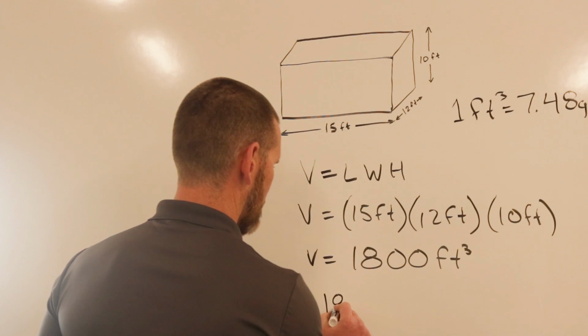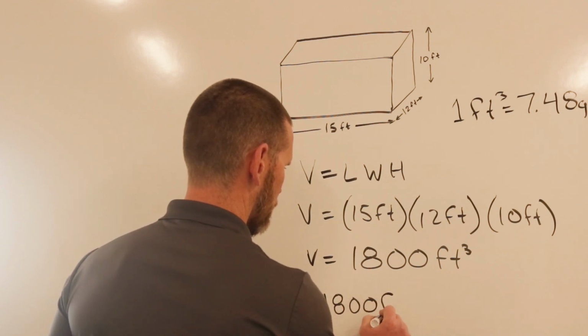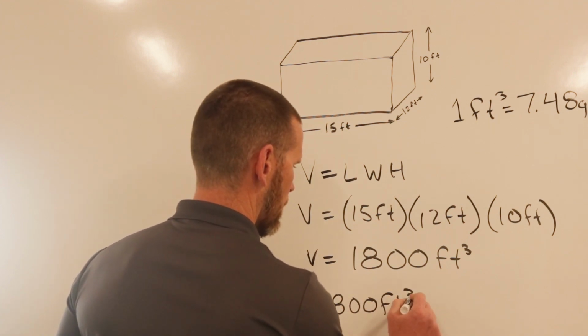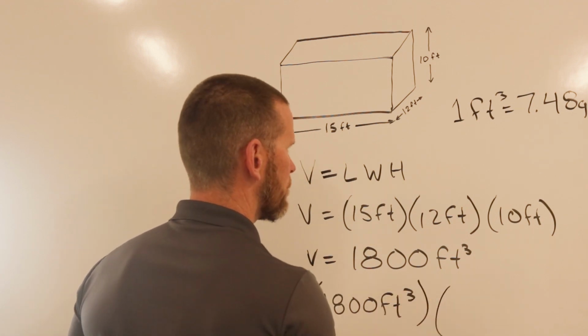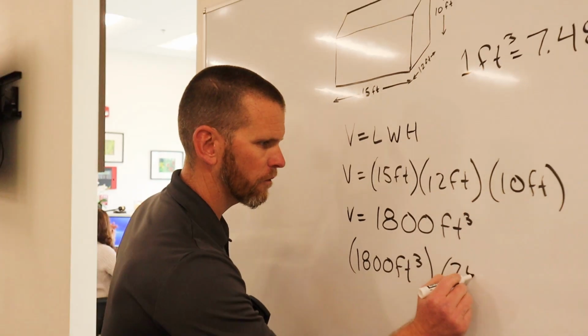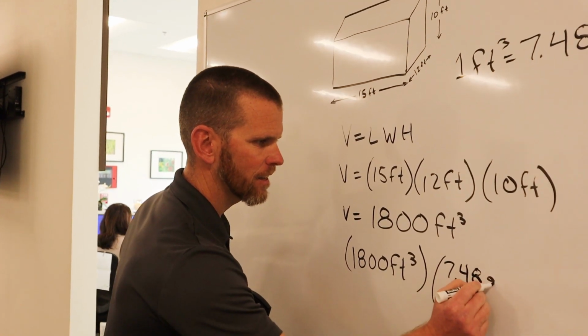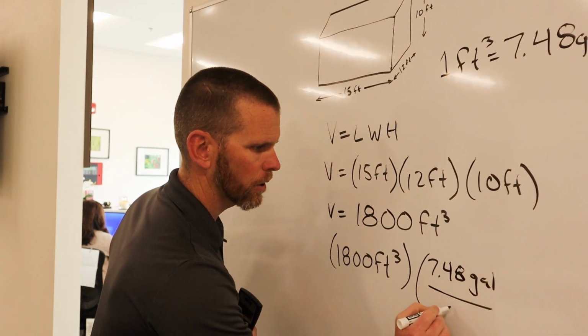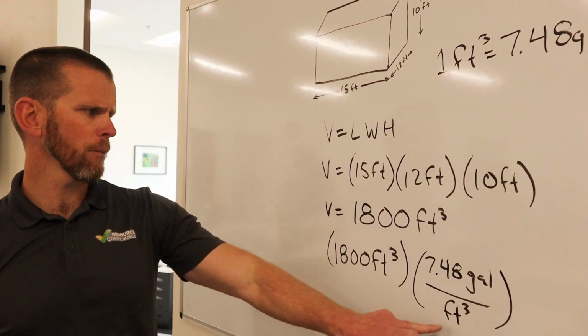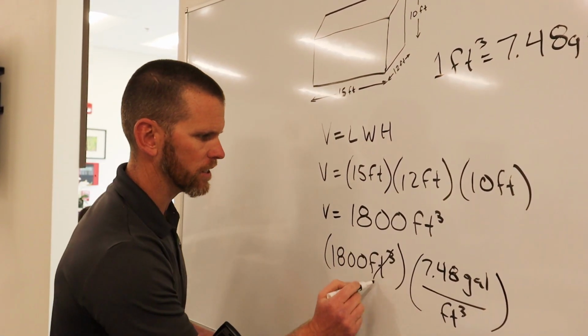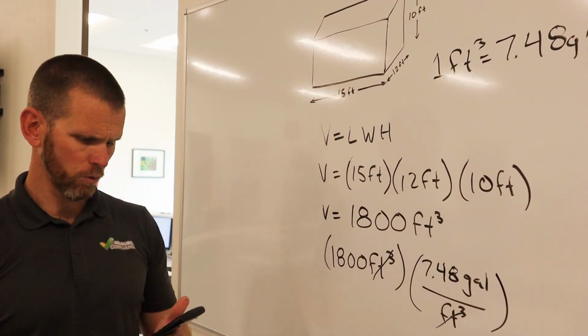We take our 1,800 cubic feet and we multiply that by the conversion factor, which will be 7.48 gallons per cubic foot. Because we have cubic feet in the denominator here and the numerator here, these will cancel, and our final units would just be gallons.